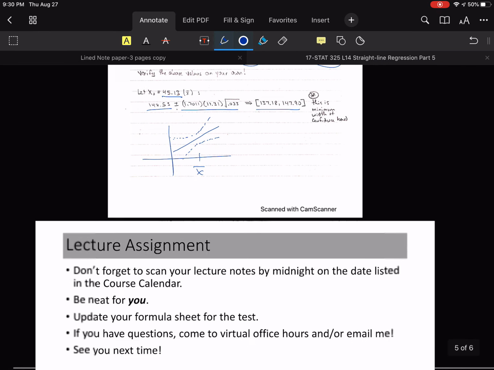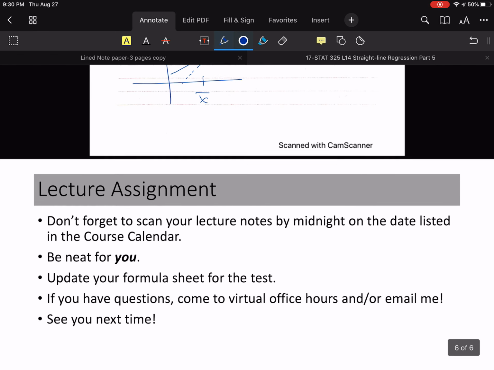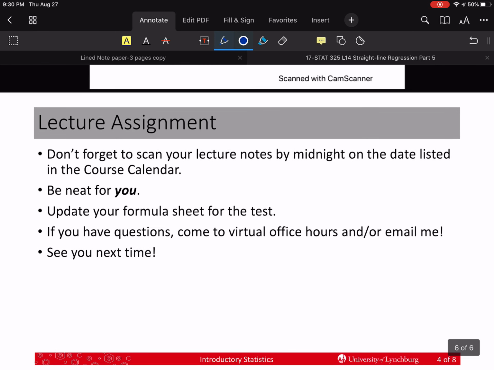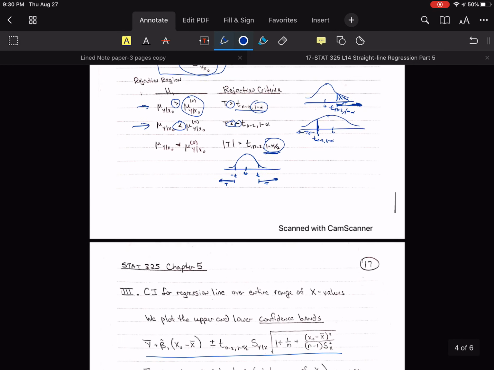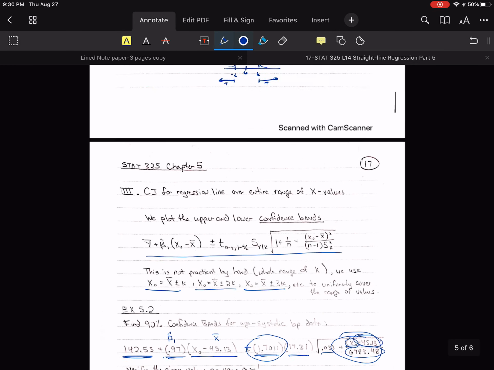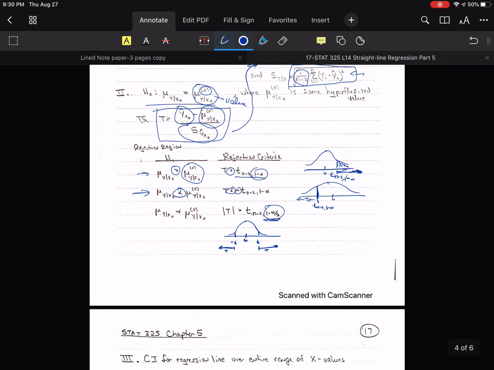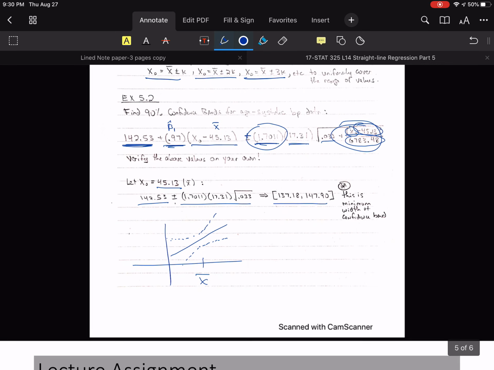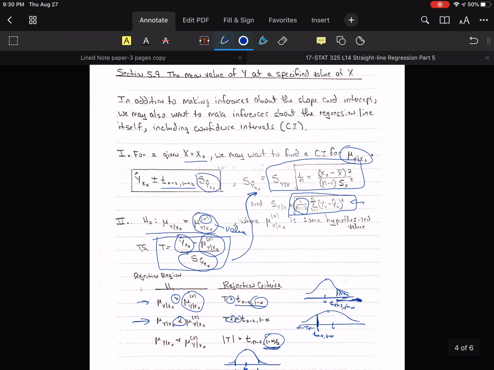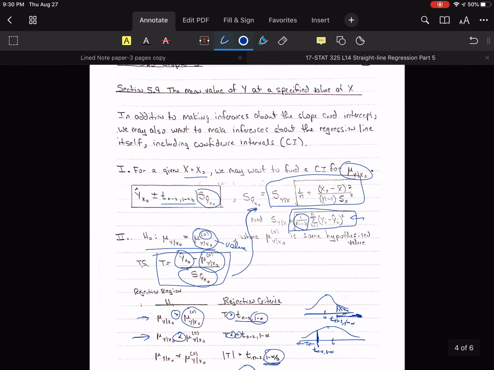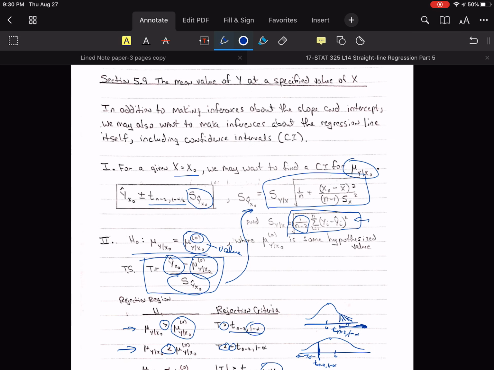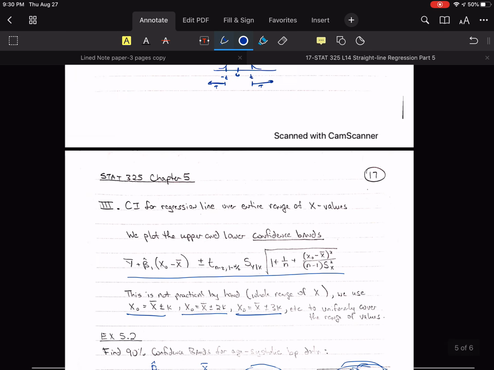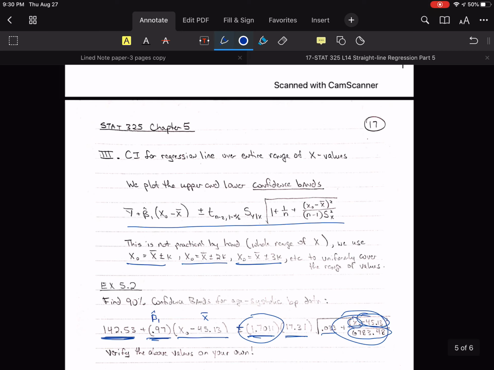Okay, so that's how we can calculate these confidence intervals and perform hypothesis tests for fixed values of x or across the whole. So we talked about the fixed value of x and doing a confidence interval for the mean value at that value of x. And here we're talking about doing the confidence bands for the whole confidence interval.